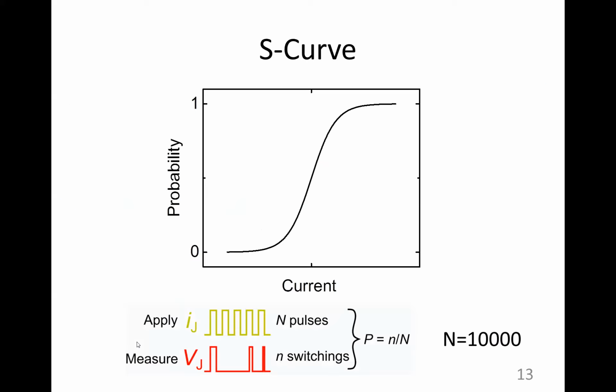Now by sweeping the value of the current of these pulses, we obtain such a relationship between switching probability and the current, and it's called an S-curve, from the S shape of the curve that we measure for switching.